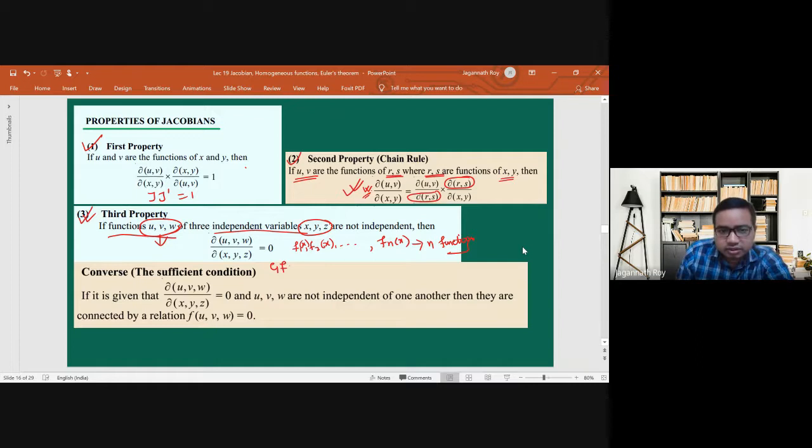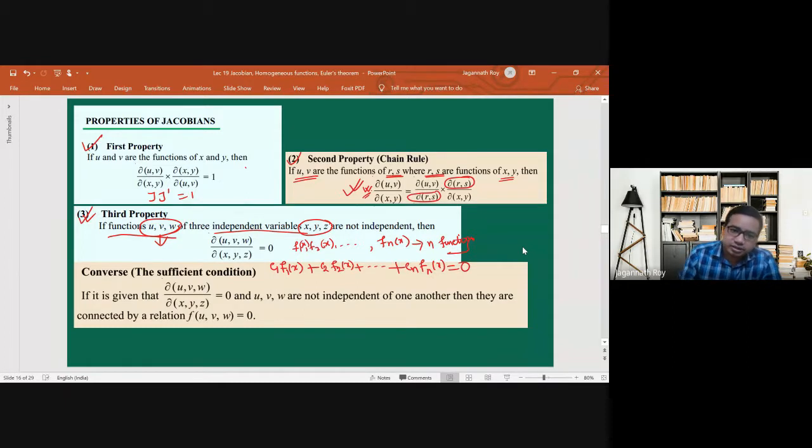Then c1 f1(x) plus c2 f2(x) and so on up to cn fn(x), we take the linear combination and check whether they are linearly independent or not.